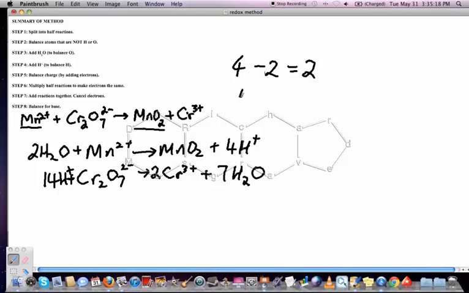And then add that number of electrons to the side that has the higher charge.